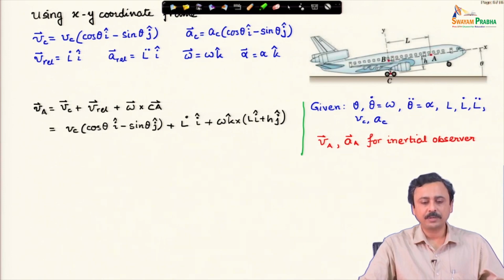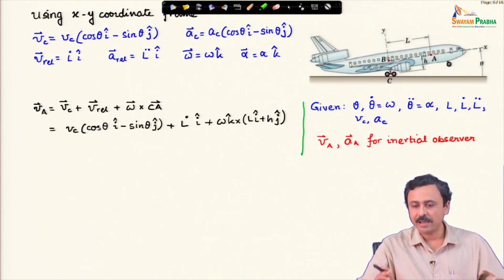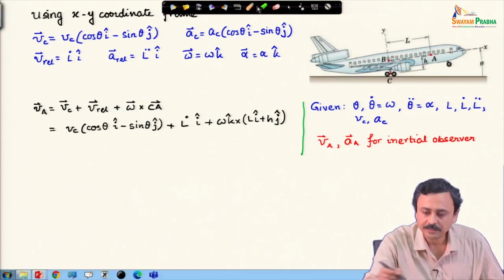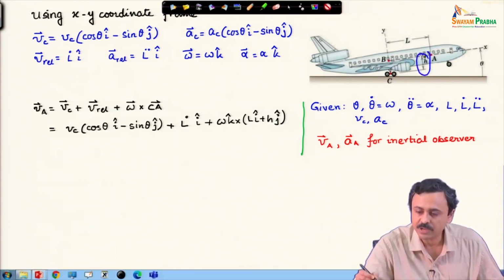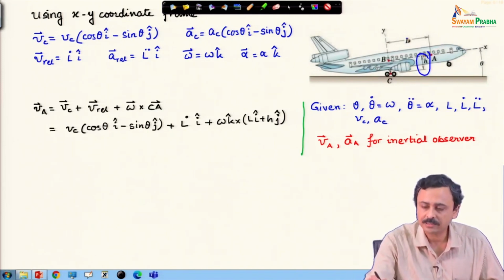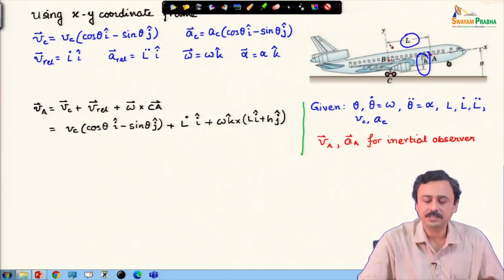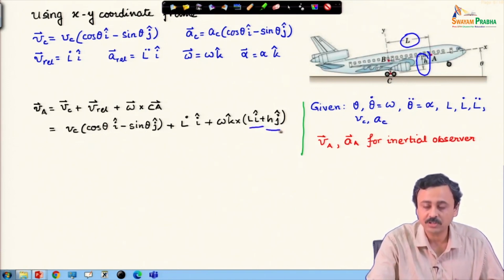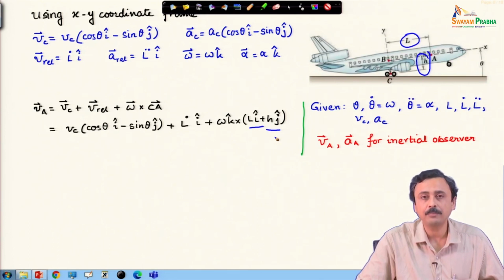V_rel is L dot i cap, and omega cross CA, omega is omega k cap, and CA vector, CA means from the center of that wheel assembly to A. You can see here that this height is specified, h, and this distance is L, therefore, L i cap plus h j cap.